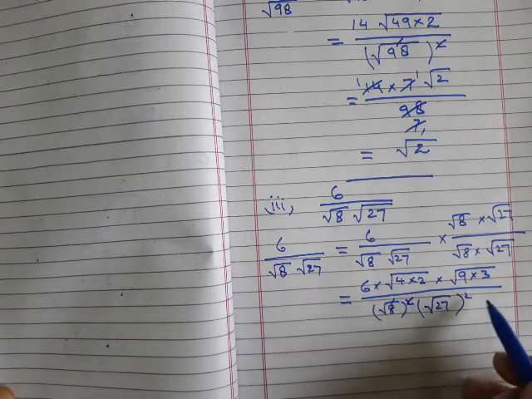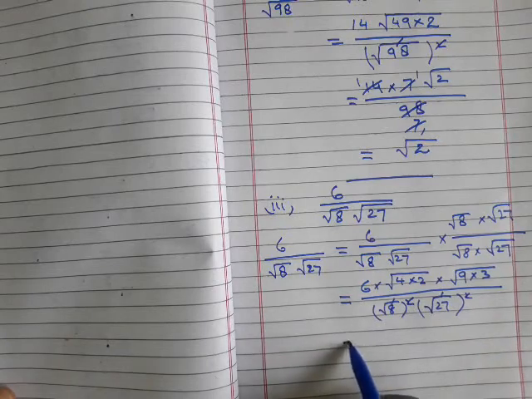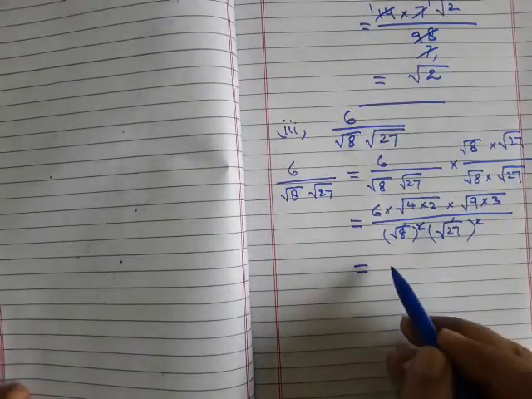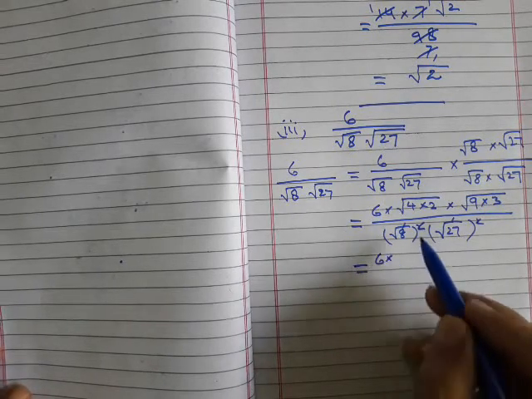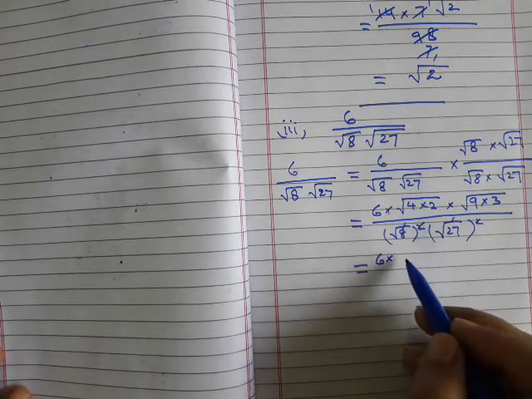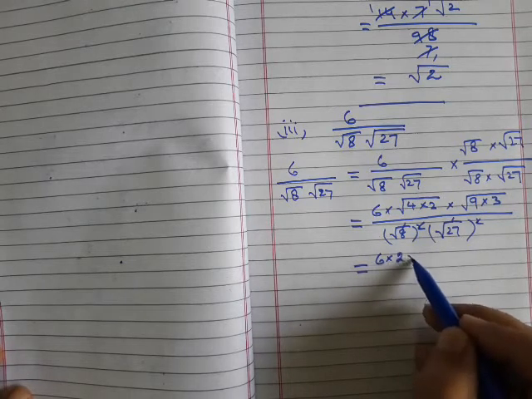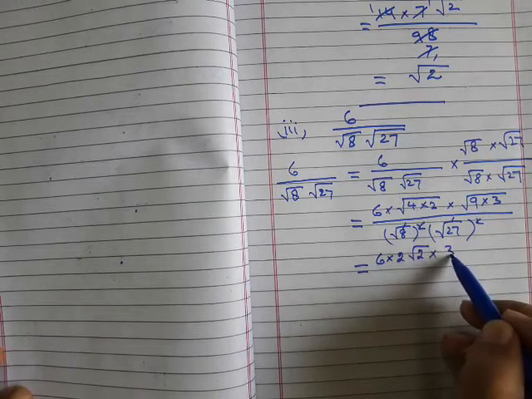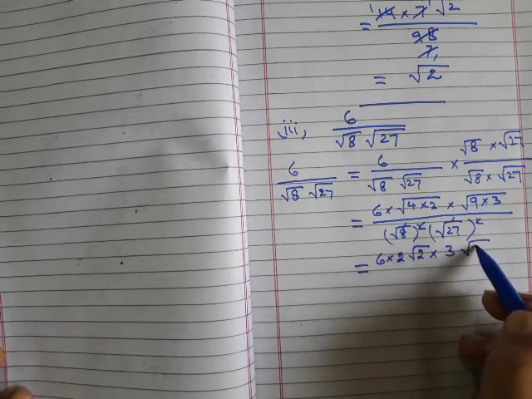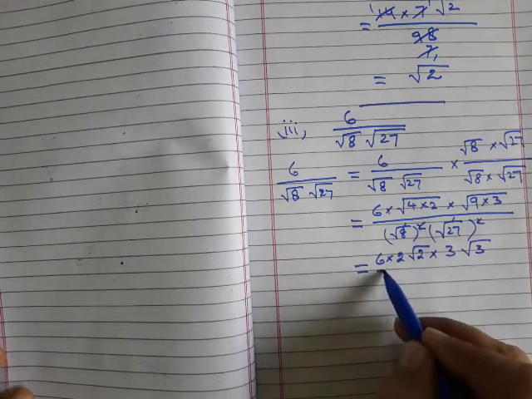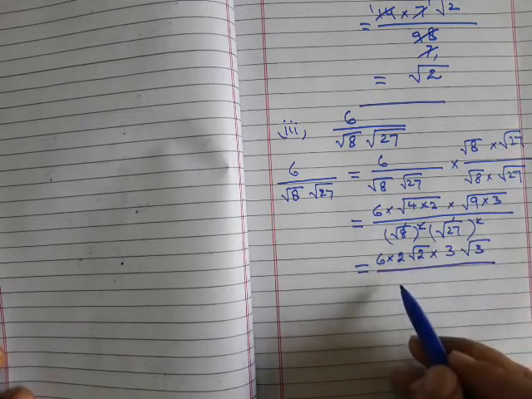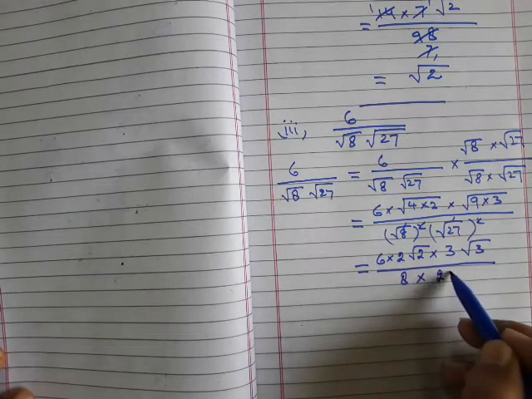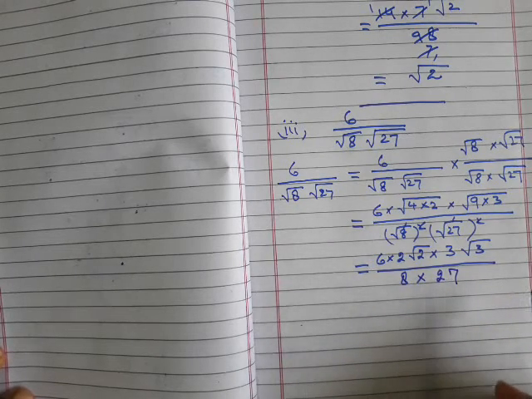This will be cancelled. 6 multiply, what is square root of 4? That is 2. Square root 2. Square root of 9, that is 3 into 3 over 8 multiply 27. Now beta, cancel the values.